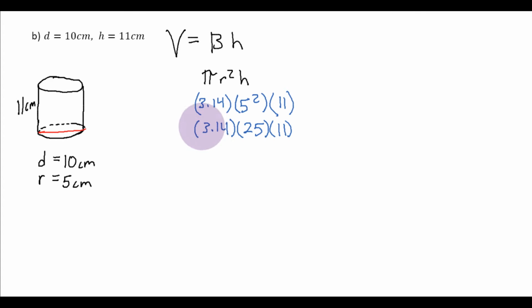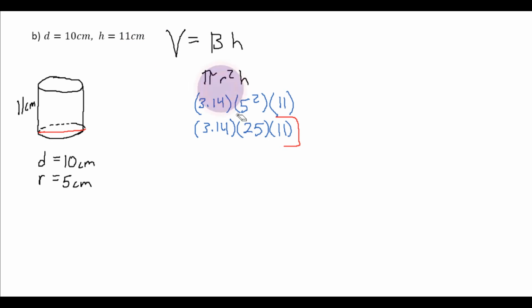I could multiply straight through from left to right, or I could use the commutative property to reorder these values to make the math simpler, or I could use the associative property to group numbers together to make the math simpler. I'm going to use the associative property and group 25 and 11. I'm going to multiply these two values first, then I'll end up multiplying by 3.14 last.